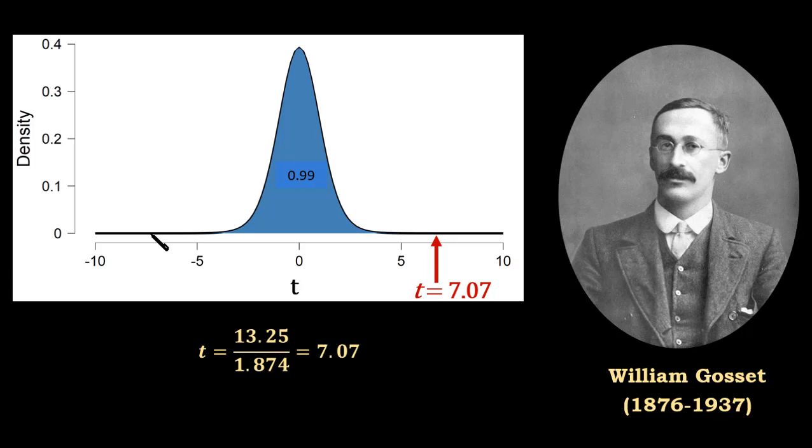What's the probability? Well, we can see that it's very low, because we already have 99%, and it's even more than 99% of the distribution in this interval.